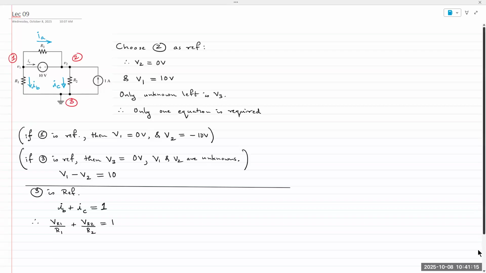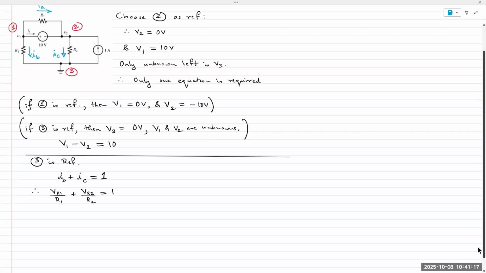Again, first I have my KCL, then I have Ohm's law, and now I express it in terms of the resistor voltages. VR1 is going to be V1 minus V3 over R1, and VR2 is V2 minus V3 over R2.